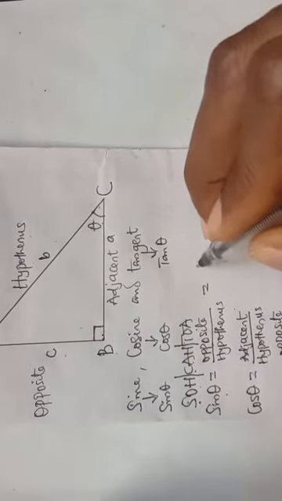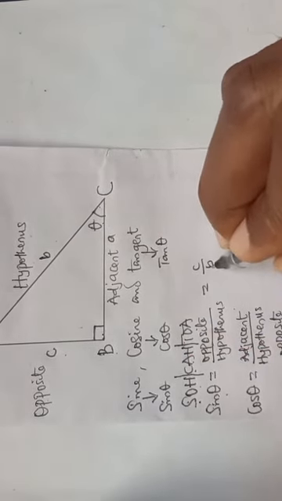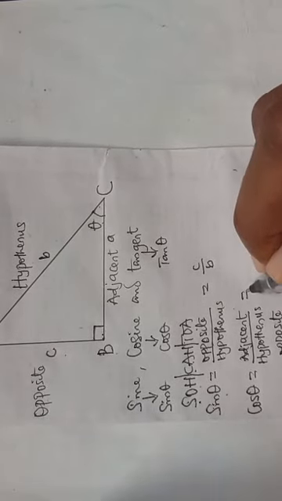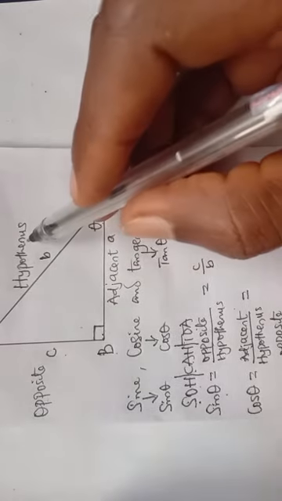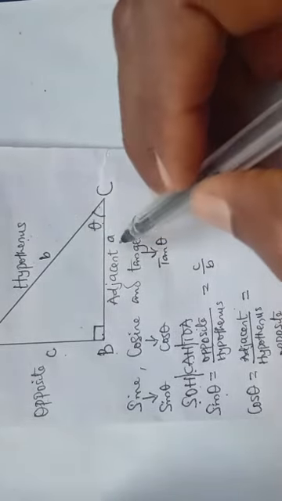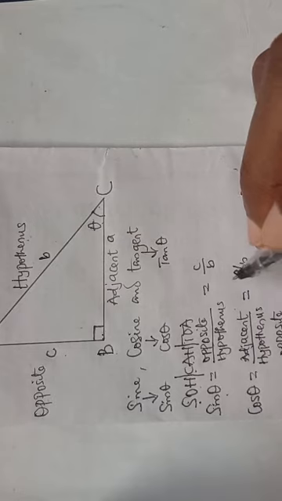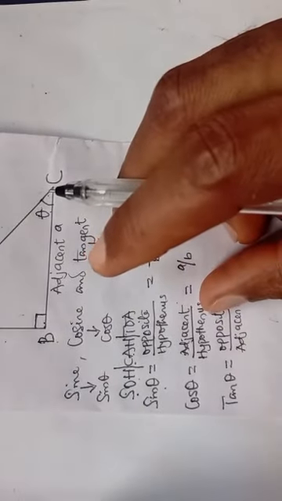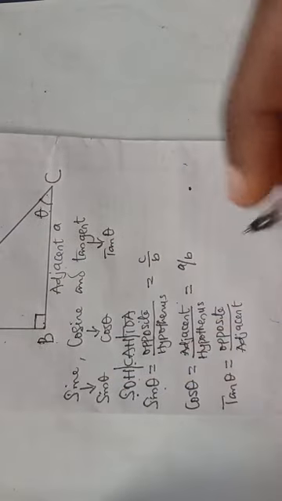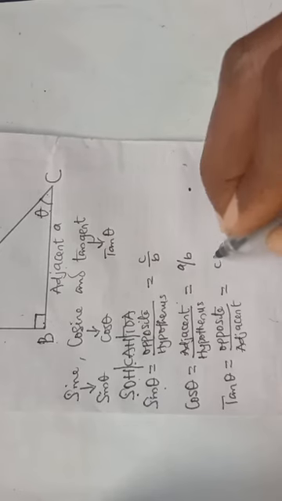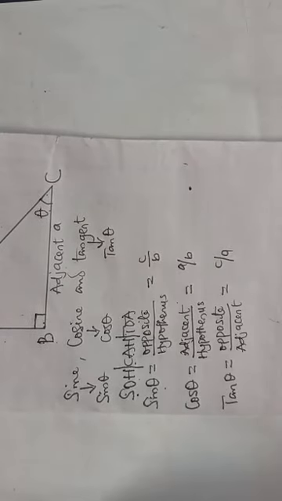Then cos theta, which is cosine, becomes adjacent over hypotenuse, which is a over b. Then the tangent, tan theta, becomes opposite over adjacent, which is c over a.